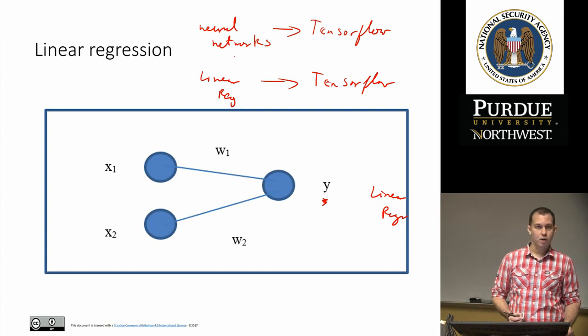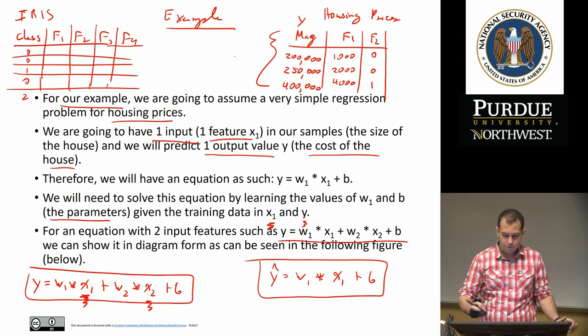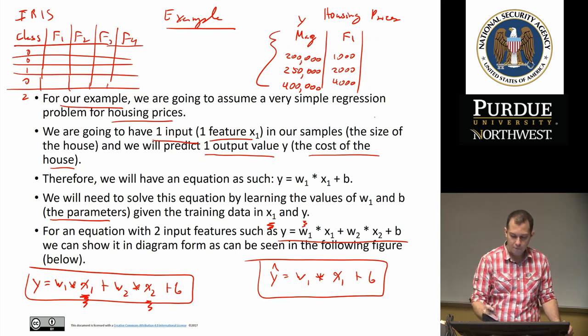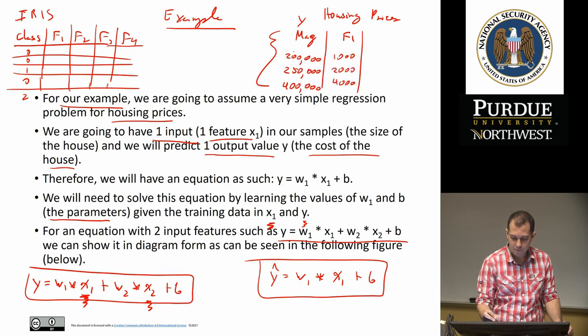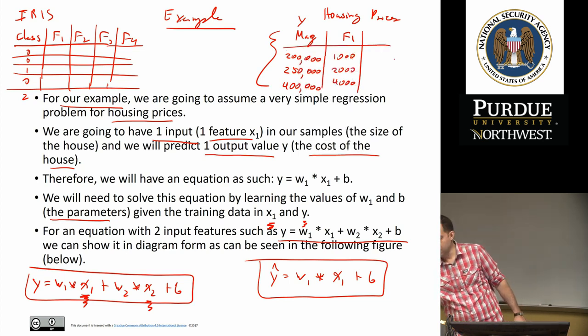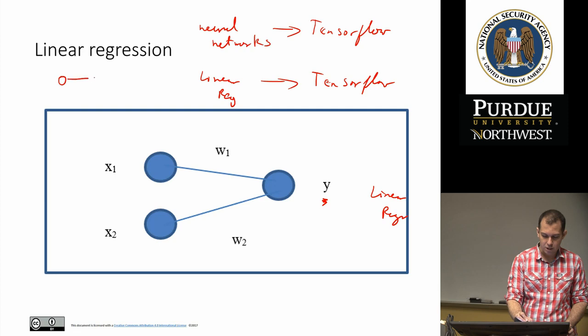Now remember that for our previous example, we are actually only going to use one feature and one class. So in that case, the model is even simpler, right? Instead of looking like this one, it's basically just that.